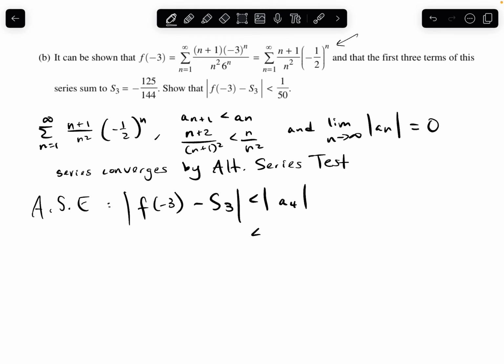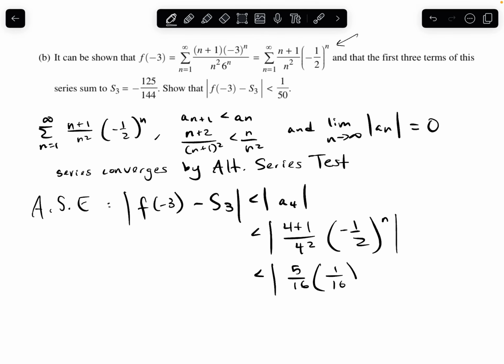Well, what is that next term in the series? If we're just plugging in 4 into our series, we get 4 plus 1 over 4 squared times negative 1/2 to the 4th power. And from here, we're just going to do a little bit of cleaning up. 5 times 1 over positive 16.